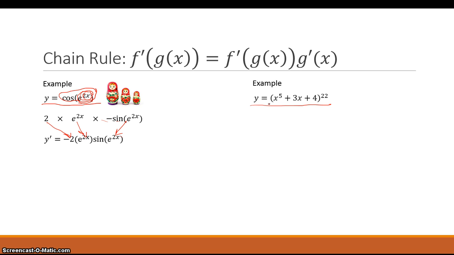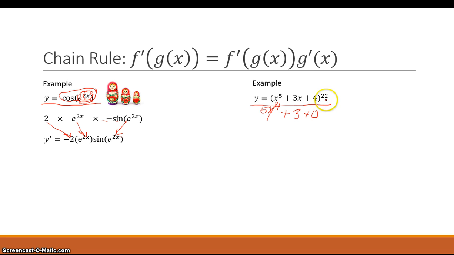So the derivative of that, you take, again, the sum of the derivatives is equal to the derivative of the sum. So again, we've got what is going to be 5x to the 4th. Then the derivative of 3x is just going to be 3, and the derivative of 4 is just going to be 0.